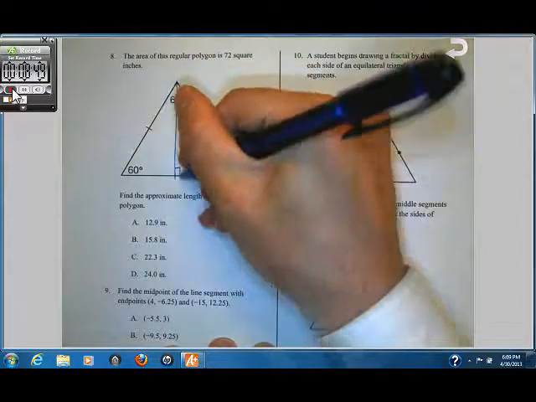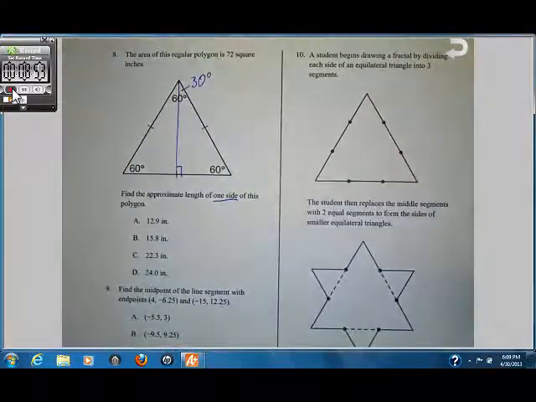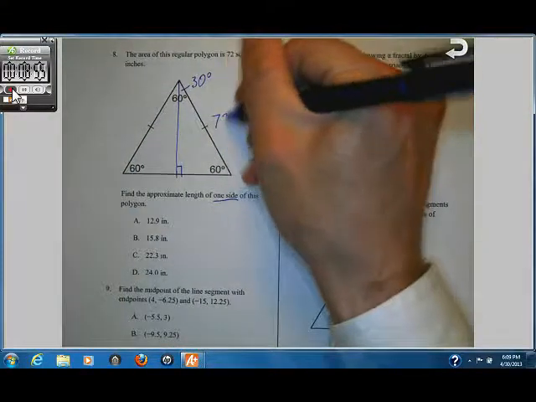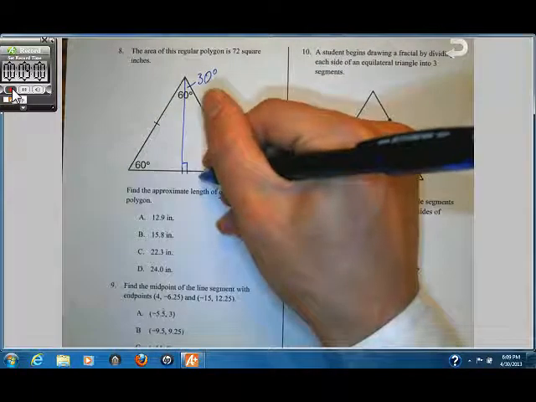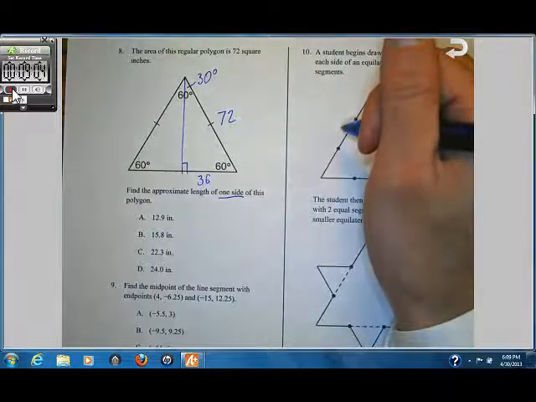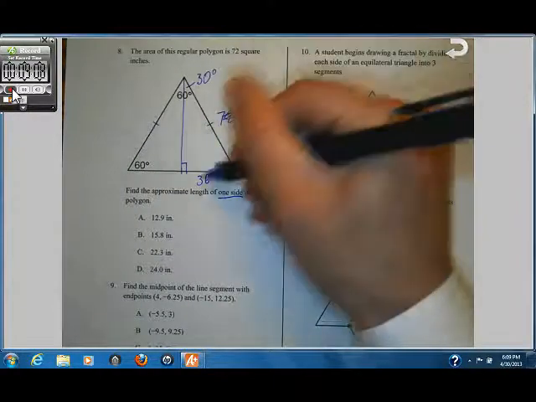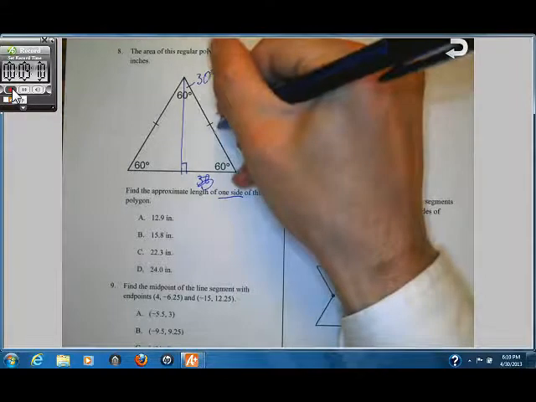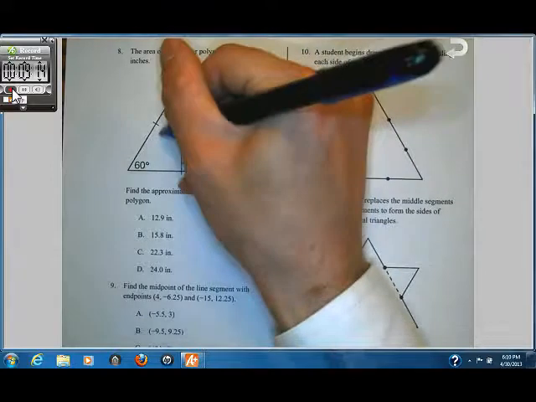Now, the area is 72, my bad. So here's x, here's 1/2 of x, and this is 1/2 of x times the square root of 3, because this makes a 30, 60, 90 triangle.